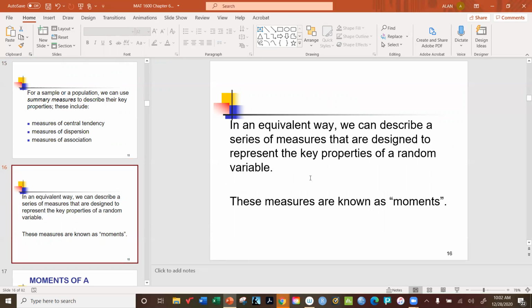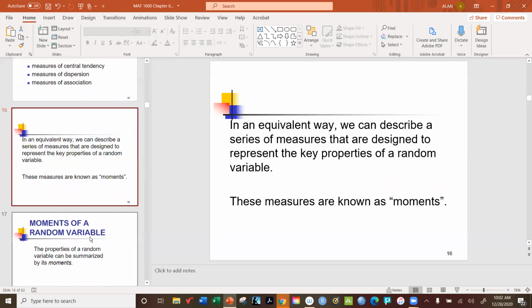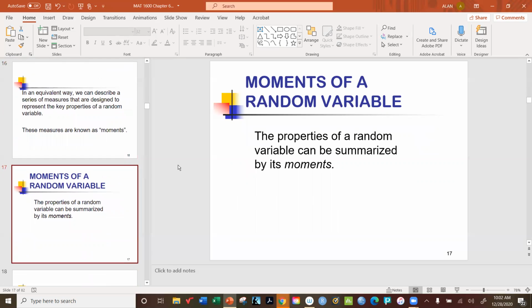So what we're about to look at are moments. There are 3 of them. When you see them again, you'll say, these are not very different from what we've been doing. Maybe the names are slightly different, but it's basically the same principle. The whole point of these is to understand the key properties of random variables.